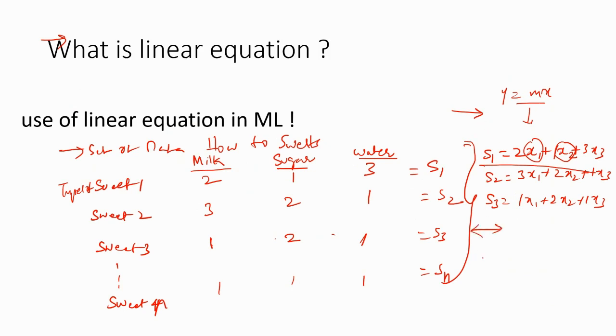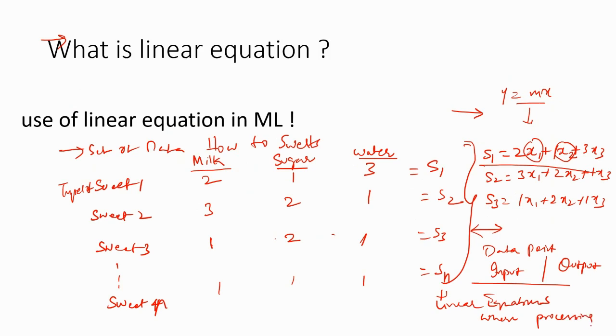So in ML, if we have data points which consist of input variables and an output variable, we can convert that data into linear equations where further processing will be done. Whatever mathematical processing we can do on linear equations, the properties of linear equations are applicable to this data as well.